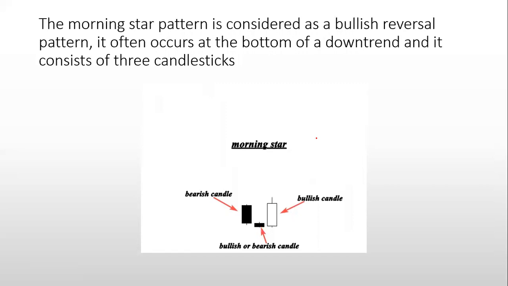In this scenario, we have a long bearish candle over here, and we have a short bearish candle here. Then the buyers set in over here to have a long bullish candle. I hope you get this one clear.